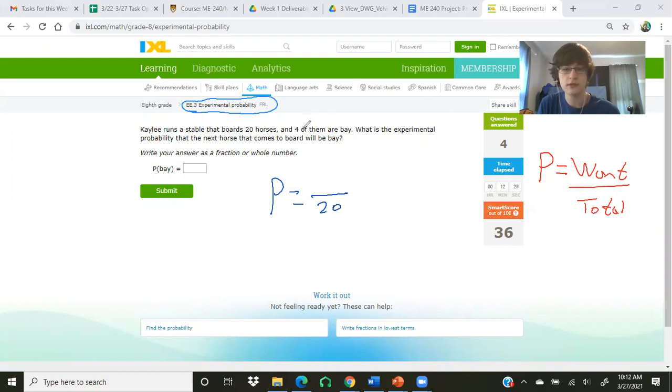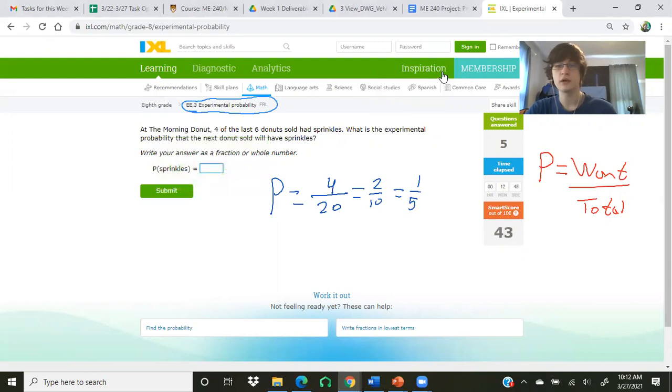What is our want? Our want is that the horse will be bay, which is 4. Hopefully you see this is equal to 2 over 10, which is equal to 1/5. So let's put this in and see if we are correct. And we are.